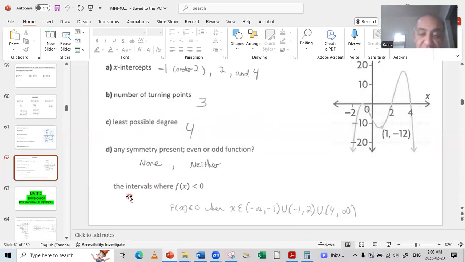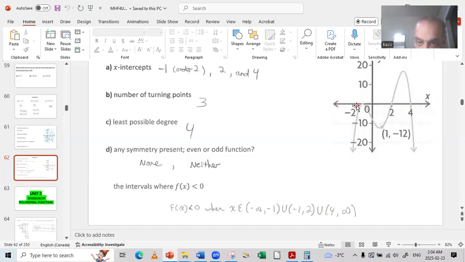What about the domain? You can see here now, for x, this starts from minus infinity to -1. And from -1 to 2, this is the second. And the third one is 4 to infinity. So it goes like this.